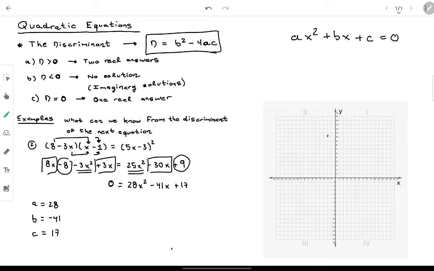So in this case, remember the formula for the discriminant, it's going to be B squared minus 4AC.